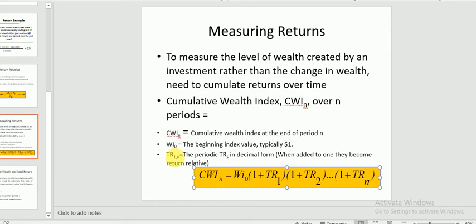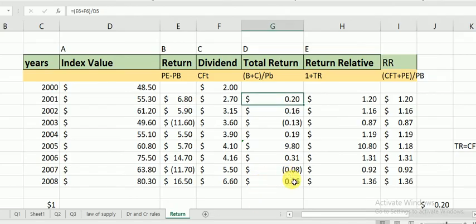So first we convert those total returns to decimal form, then we add 1 to them, and that becomes the return relative. Clear now? So this is the formula which I explained.